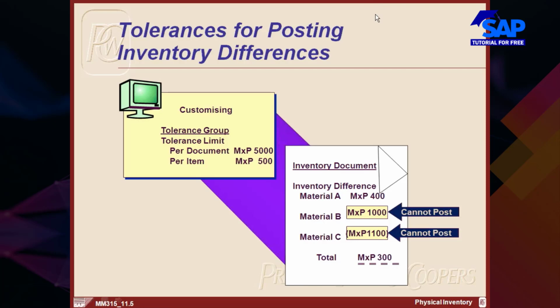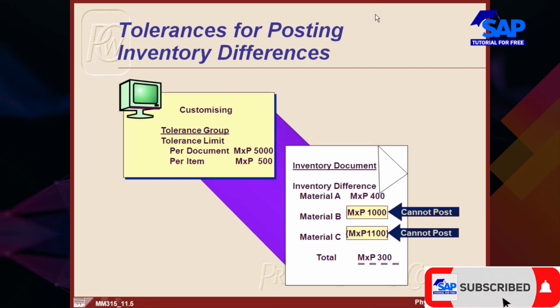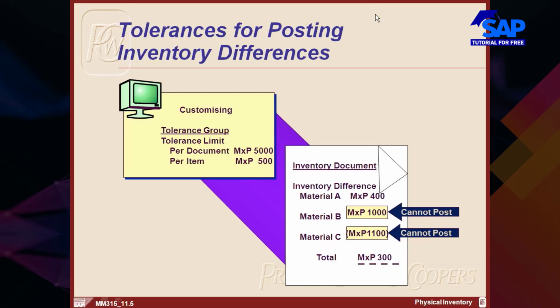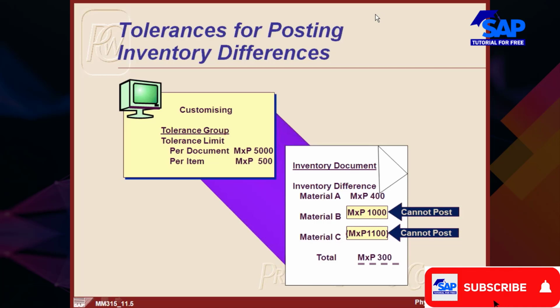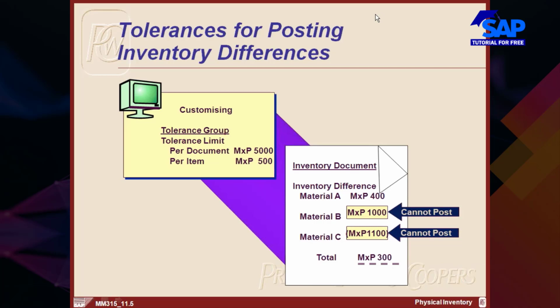A stores assistant may have authorization for posting differences with a lesser value than the stores manager. So normally we will be setting up tolerances at two levels: one level for assistants and a second level for the managerial level. That's how the tolerances will be posted.